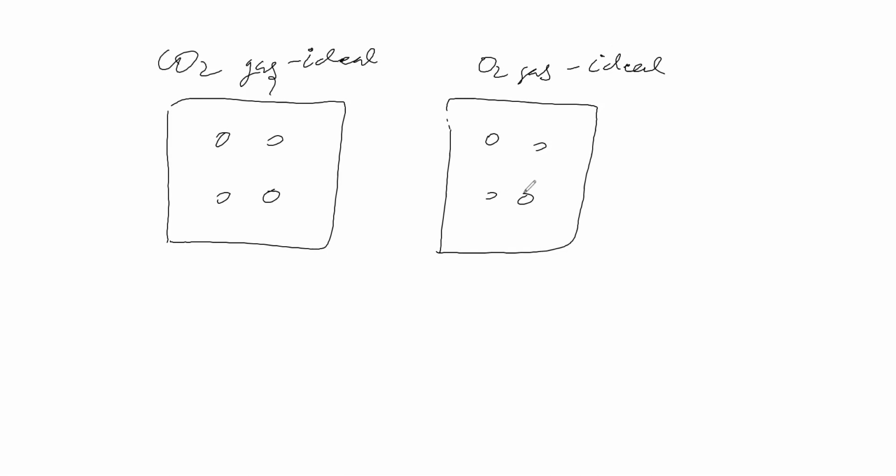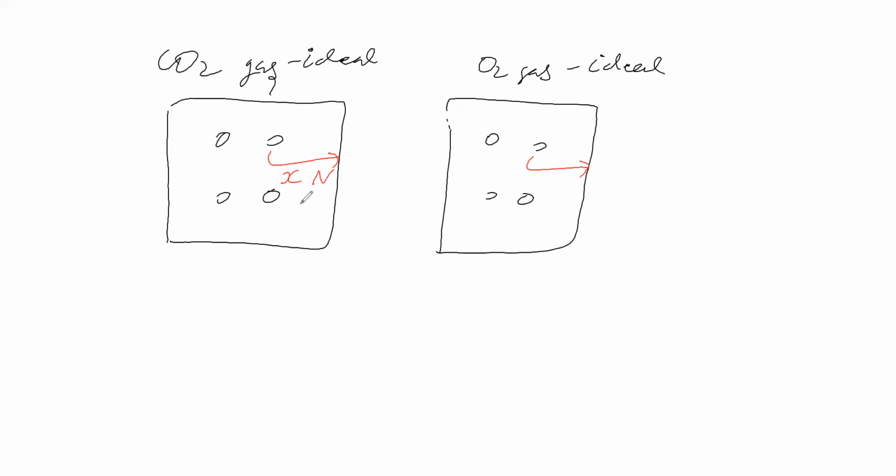Now these molecules are making collision with the wall of the vessel with an average force of x Newton. These oxygen molecules are making collision on the wall of the vessel with some average force. With what average force will oxygen molecules collide with the wall of the vessel when compared to carbon dioxide, when you are assuming both are ideal?